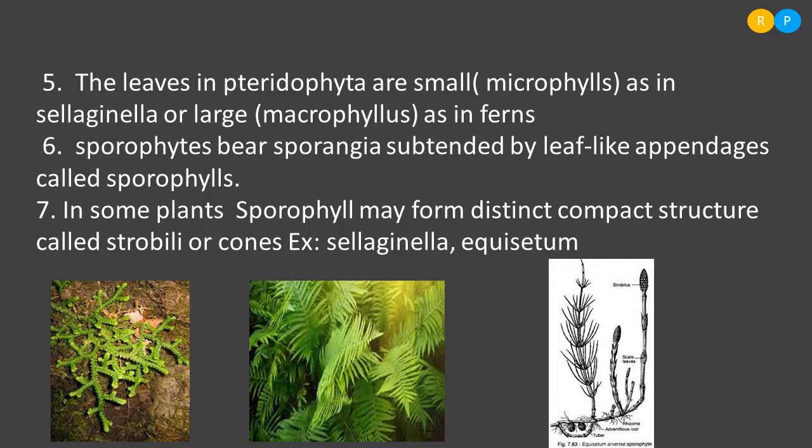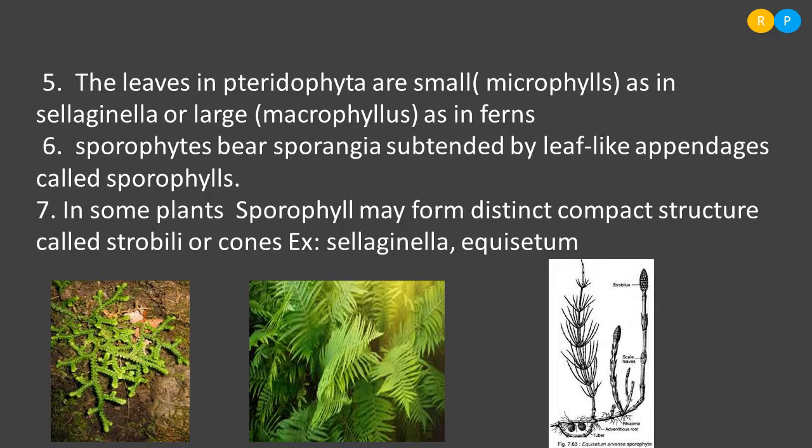That means many sporophylls are arranged in a particular sequence and form a compact structure that is called strobili. In this particular region, we can see the presence of sporophylls. Understood? The best example of the plant I have displayed on the screen is Equisetum, and one more example of a plant showing the formation of cone is Selaginella.